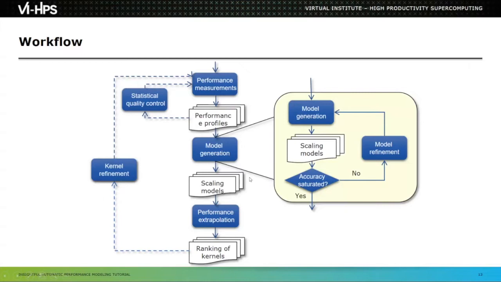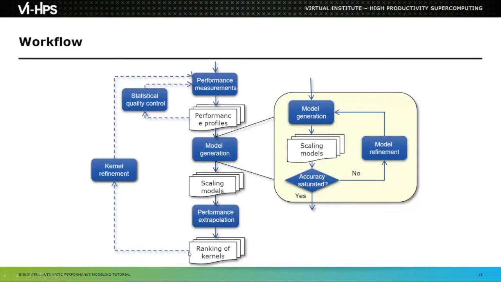In the next step, then the scaling models can be used for performance extrapolation. So it means now we can use the models and scale them, for example, the number of processes, and then check and make a ranking of the kernels. So meaning we can identify which kernel's performance will be dominant at a specific scale.